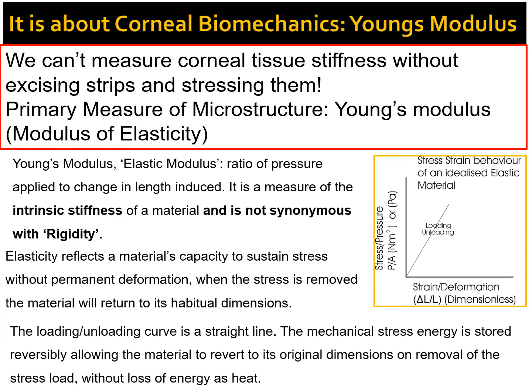As we already said, we can't measure corneal tissue stiffness without excising strips and stressing. If we were really to look at the biomechanics of the cornea, we'd have to be looking at that, which we can't. So the primary measure of microstructure is this thing called Young's modulus, which is also called modulus of elasticity. They're the same thing.